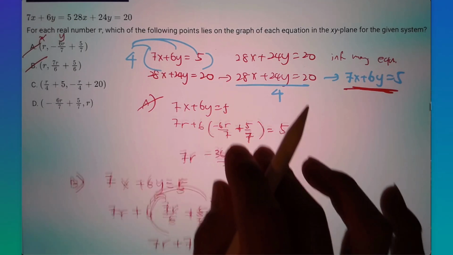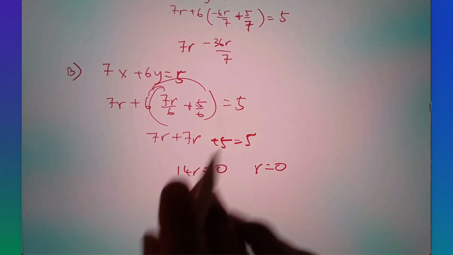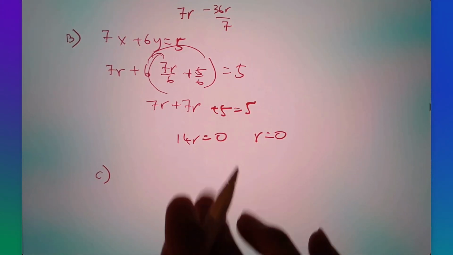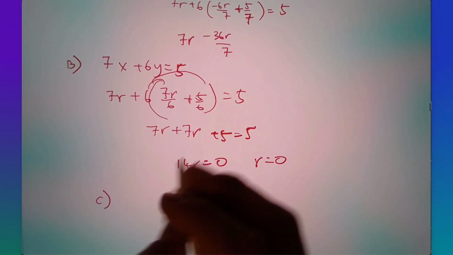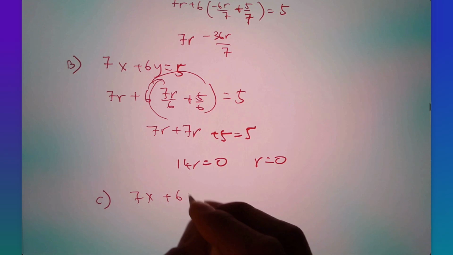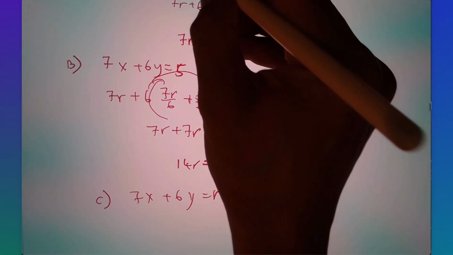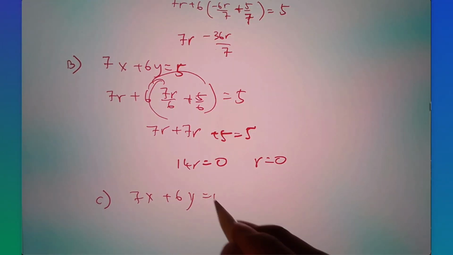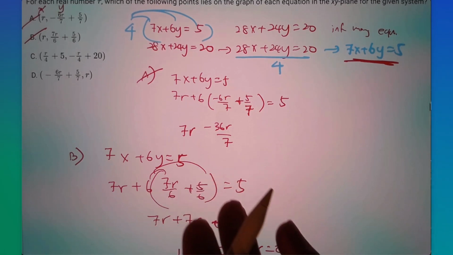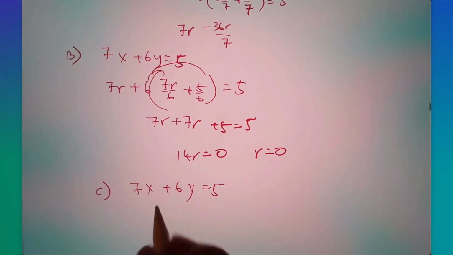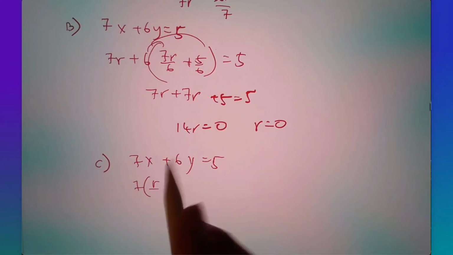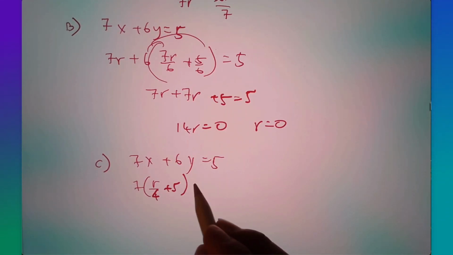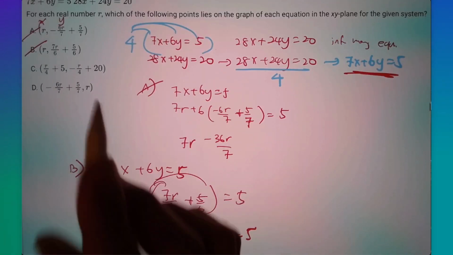Alright, let's go to C. For choice C, I'm going to start with 7x plus 6y equals, I think it was 5 actually. Yeah, 5. And let's plug it in, r over 4 plus 5. Okay, so I just realized I don't have to go further. And do you know why?